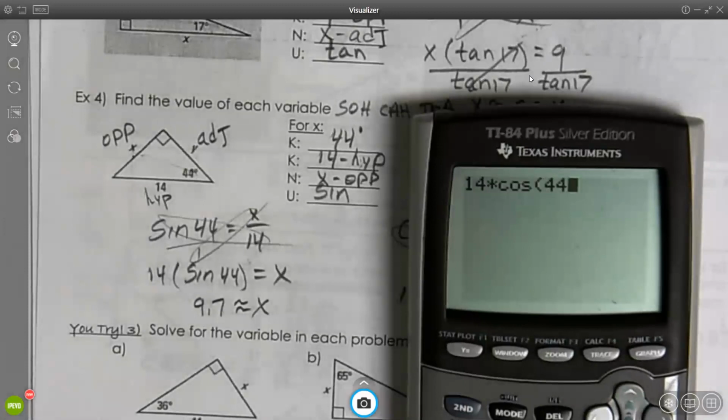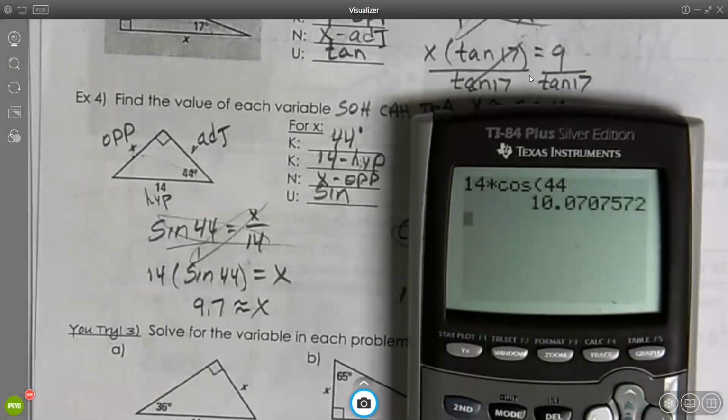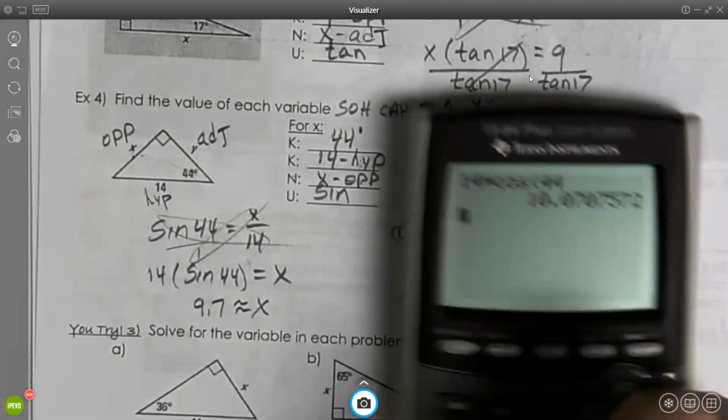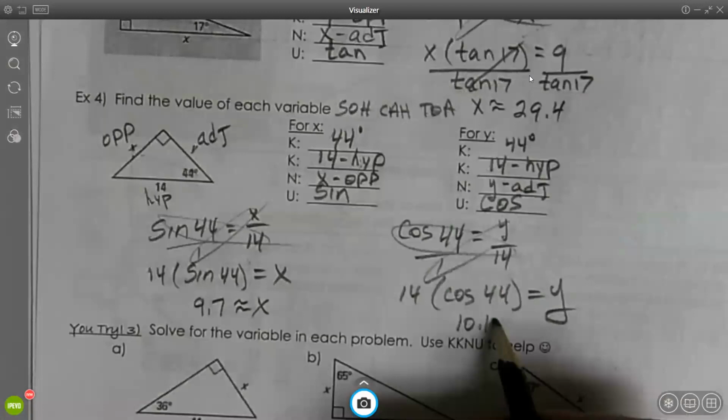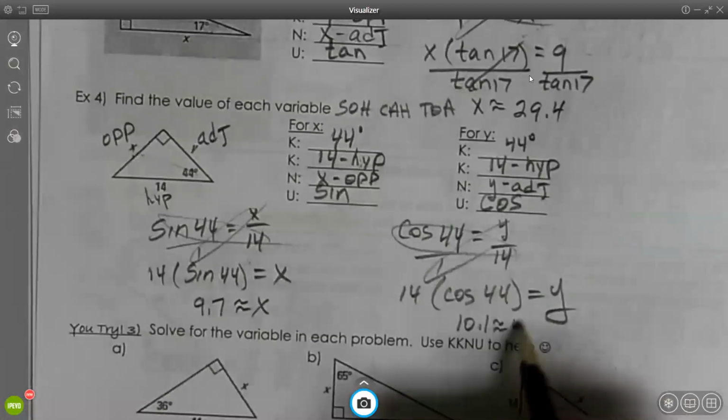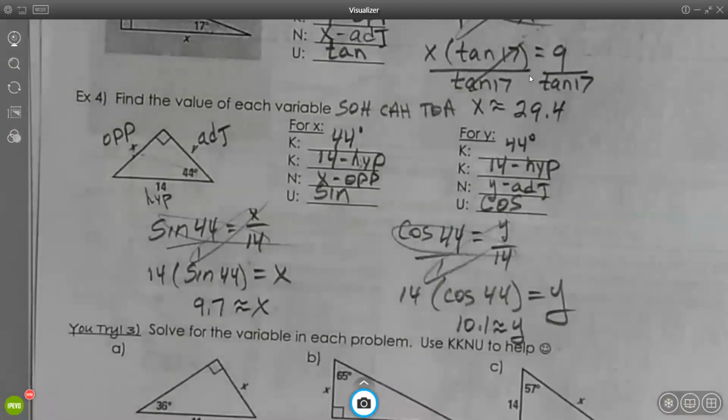You don't have to use a times sign. We get 10.1, approximately your y value. Now you go ahead and try the next 3. You can pause the video and come back to it to verify your answers.